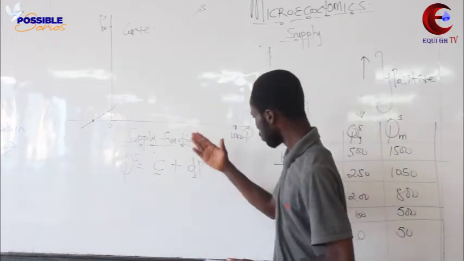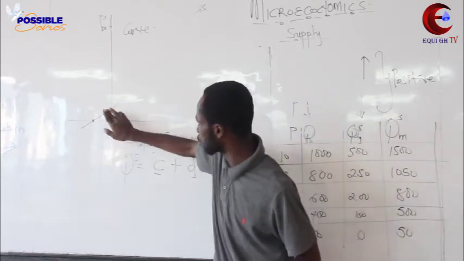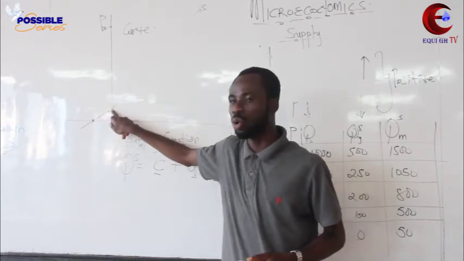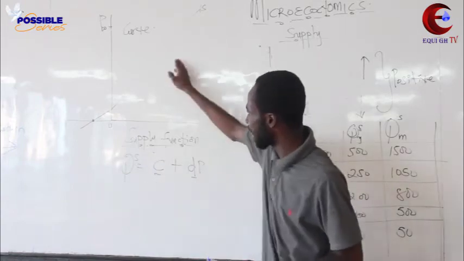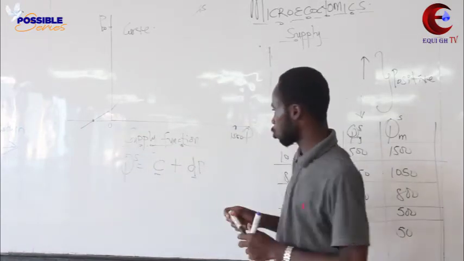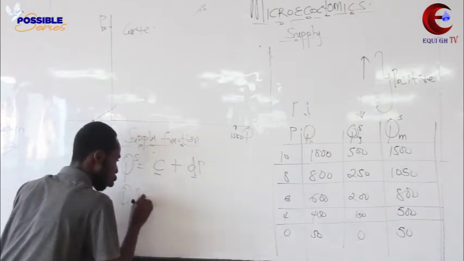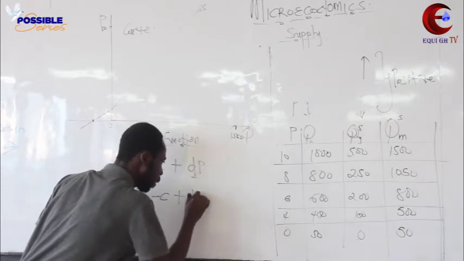Nice one. Now, have you understood this one? I told you that sometimes the supply curve will end here, which is the positive zone, or sometimes it can come into the negative zone. In the situation whereby it is coming into the negative zone, the supply function is going to be negative C plus DP.